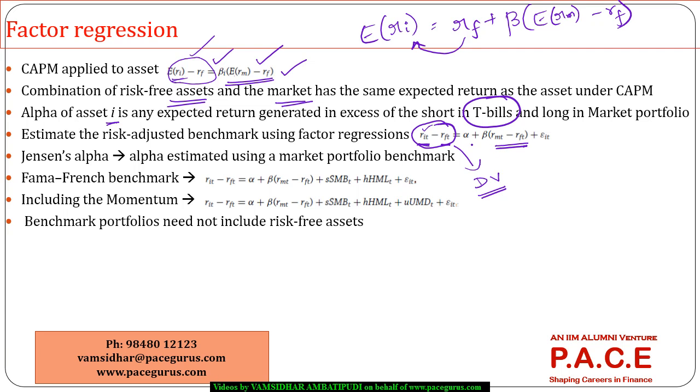So we are fitting a regression model, right? This is the independent variable. This is the dependent variable. Alpha and beta are the coefficients, the parameters which we will be determining, and this is the error associated with each of the periods. And the alpha that is generated using the market portfolio as a benchmark is called Jensen's alpha.